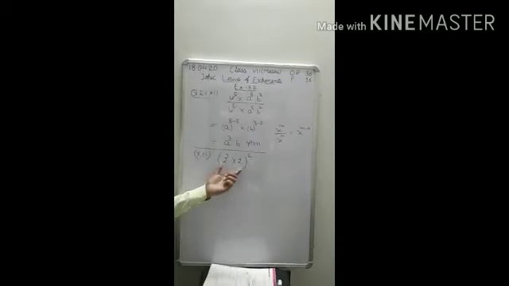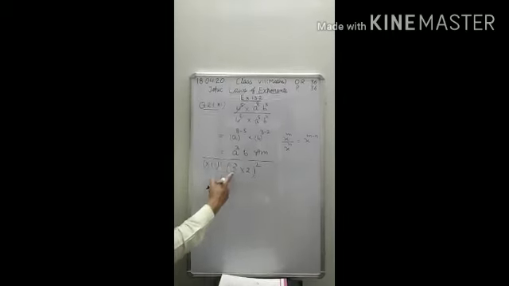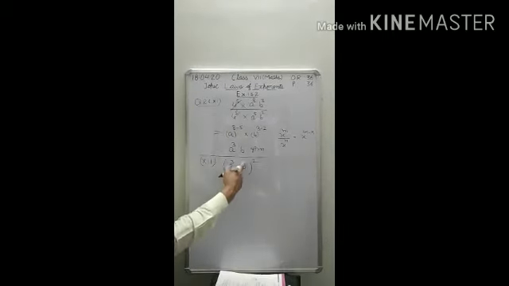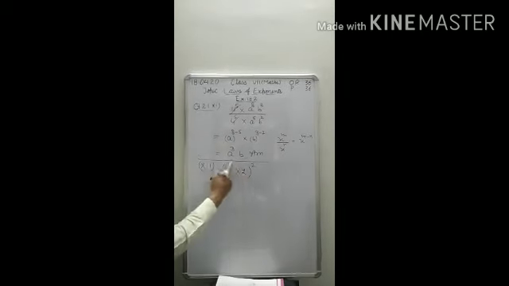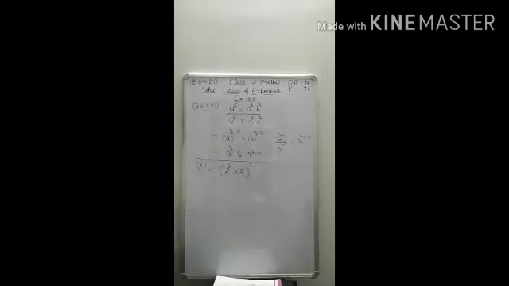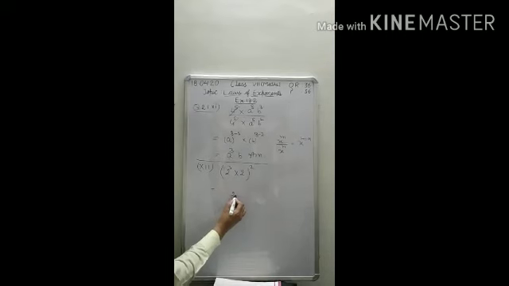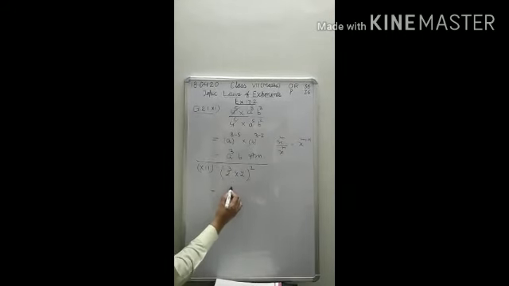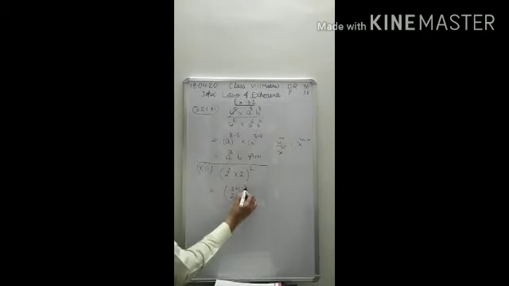Here first of all you have to solve the bracket. In this bracket, 2 raised to the power 3 into 2. 2 means 2 raised to the power 1. Here the bases are the same and the powers are different. So what will you do? You will have to just add them. You will write it as 2 raised to the power 3 plus 1, and whole raised to the power 2.